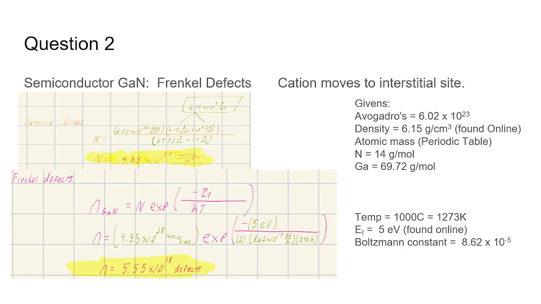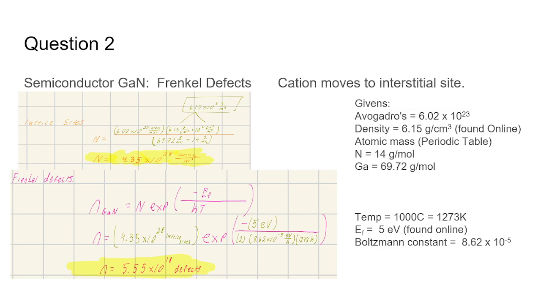Alright, so to find the Frenkel defects for our semiconductor gallium nitride: a Frenkel defect is a cation that moves into an interstitial site, and that's represented by the formula number of defects equals N exp of negative activation energy over 2kT.